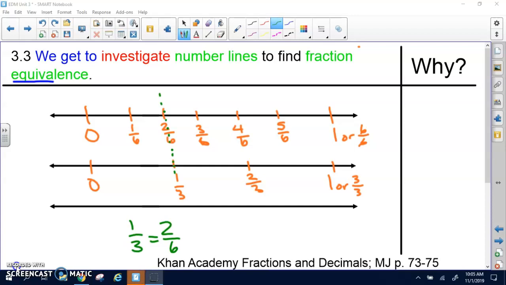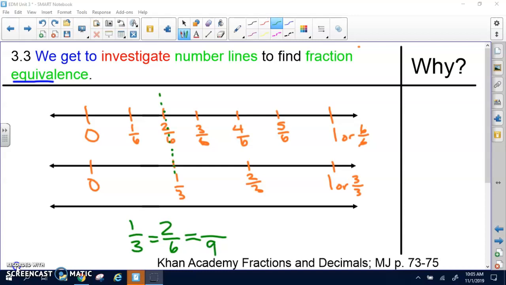Therefore, 1/3 equals 2/6. Are you okay with that? And then looking at this with multiples, 6 is a multiple of 3. It's the second multiple of 3, and 2 is the second multiple of 1. What do you think another fraction that would equal? What's the third multiple of 3? 3, 6, 9.